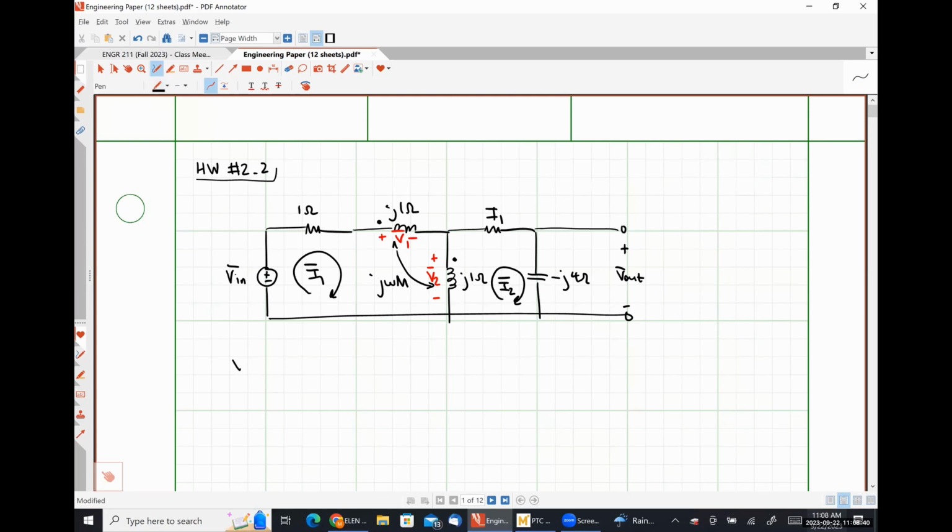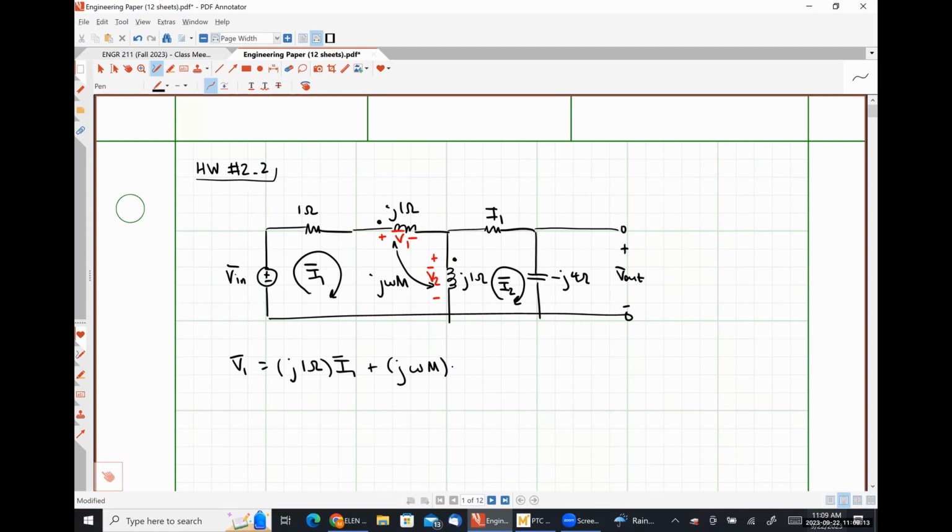So the voltage drop across coil 1 should be J1 ohms times I1 plus J omega M times, let's see, the current is flowing into the not dot, so we should have a minus sign there.